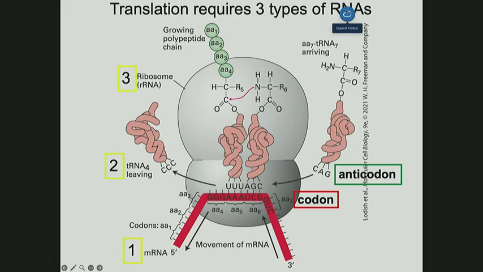They are then read by the tRNA through a specific position called the anticodon, because it is going to base pair to the codon. That's how the tRNAs are able to read the sequence in the messenger RNA. And then finally, the third type of RNA that's required for translation are these ribosomal RNAs that are structural components and, in fact, also an enzymatic component of the ribosome.